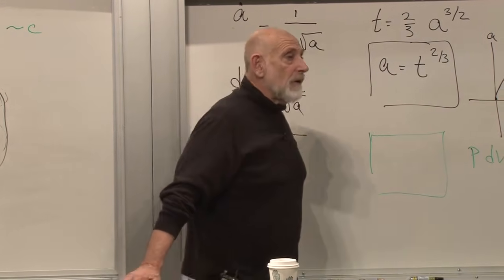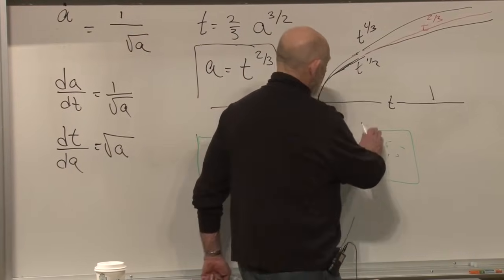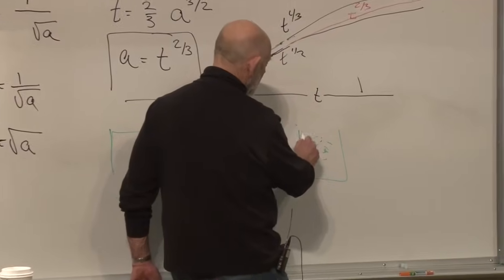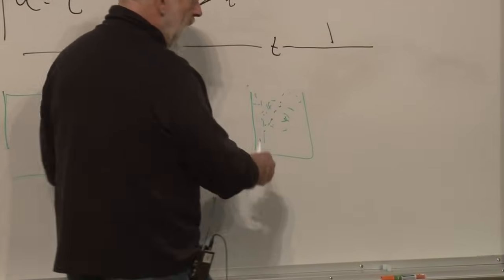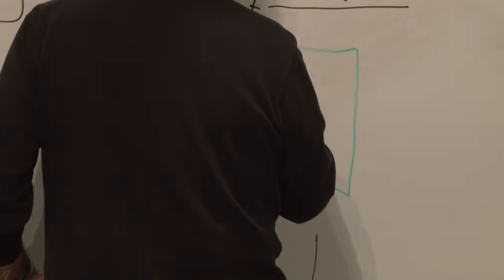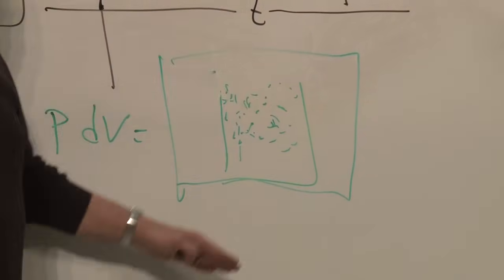If you do it very, very suddenly, what will happen? Here are the molecules, and you absolutely, instantaneously increase the volume of the box. What you find is a big empty space.